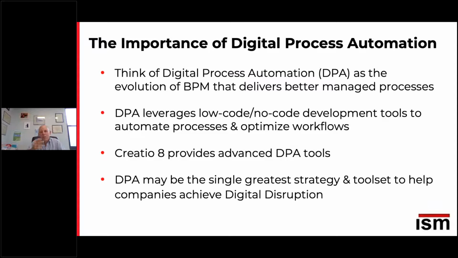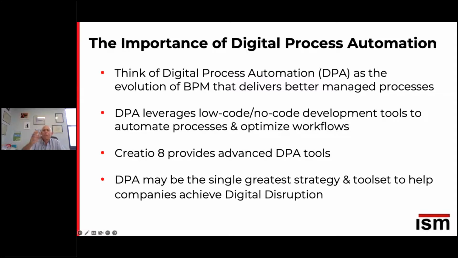And what DPA, digital process automation, does is leverage low-code and no-code development tools like those offered by Creatio 8 Atlas to automate processes and optimize workflows. So it should come as no surprise when I tell you that Creatio 8 provides advanced DPA tools.